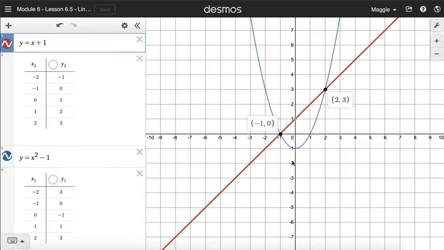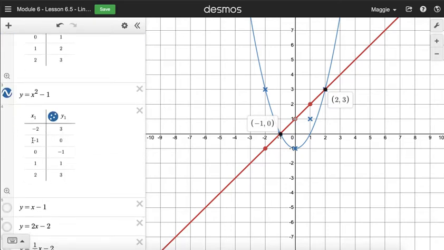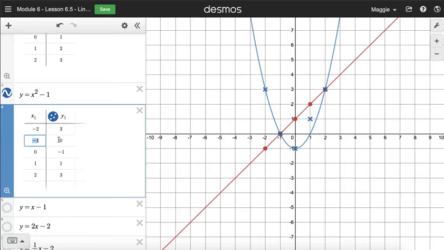We can see that not only do these lines intersect, but if we wanted to look at the actual tables of those lines, we can look at those as well, and we can see exactly where those intersection points happen. If you have a table over here, we can see the table of the parabola, and we can see one point at -1, 0.